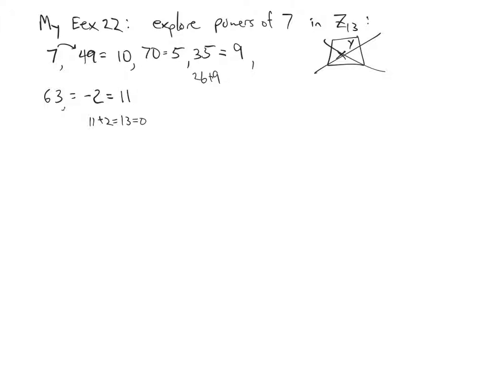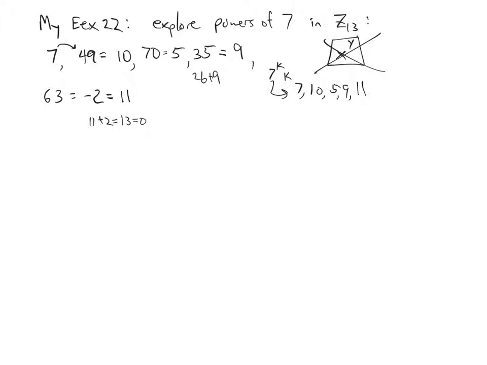Okay, so, oops, I'm going to erase that because I can. So where were we? If we make a more organized chart, we're doing 7, 10, 5, 9, 11. Those are the powers. That's 7 to the 1, 2, 3, 4, 5. 7 to the k, where k is what? All right, that's stupid. Sorry, I'm obsessed with this.